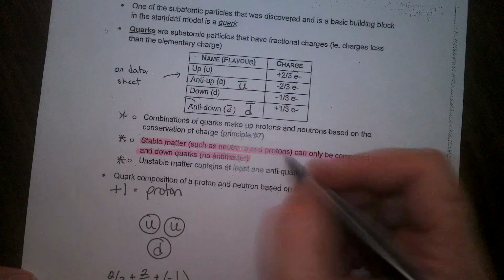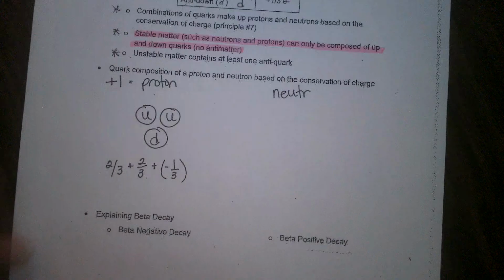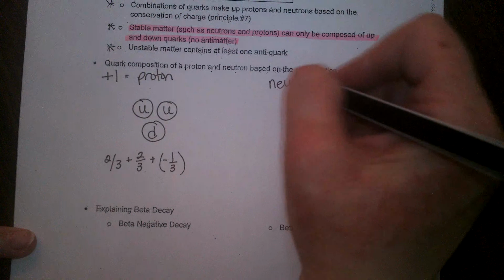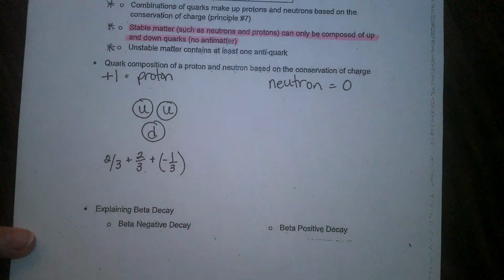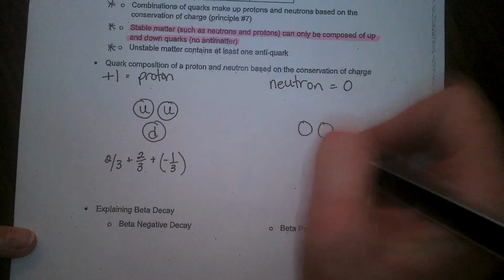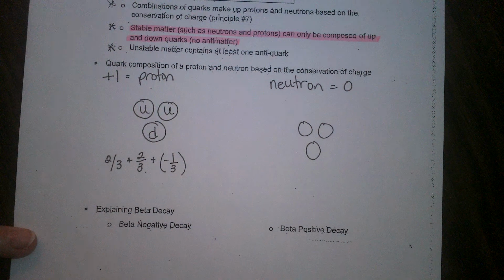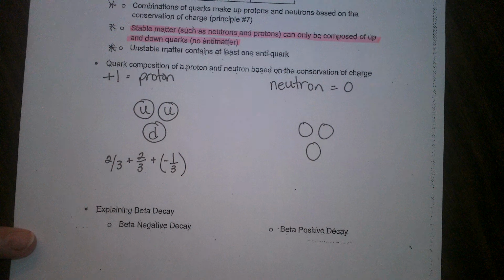A neutron has a 0 charge. It's neutral. So it's going to have 3 as well. Again, it can't have an anti-up or an anti-down quark. So how are we going to get to 0 with a combination of 2/3 and negative 1/3?